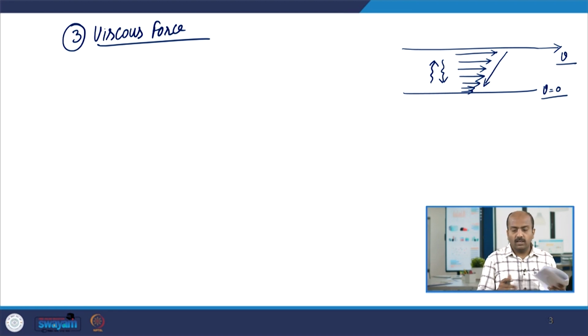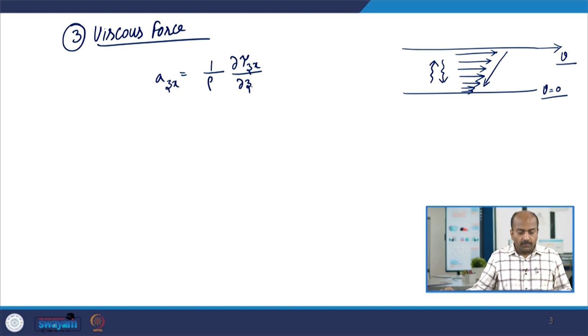But if you write a similar expression, let us say A, which is force per unit mass, along z, where the fluid is along the z direction and the movement is trying to be along the x axis, it can be written as 1 by rho dou tau zx divided by dou z, right.